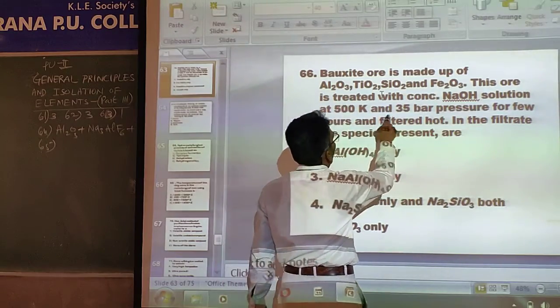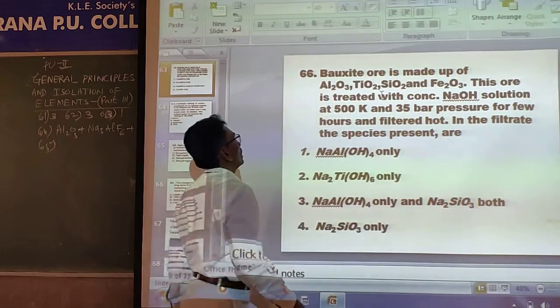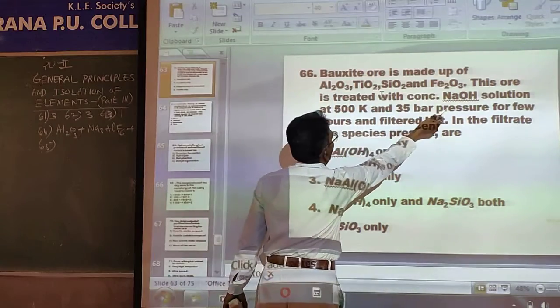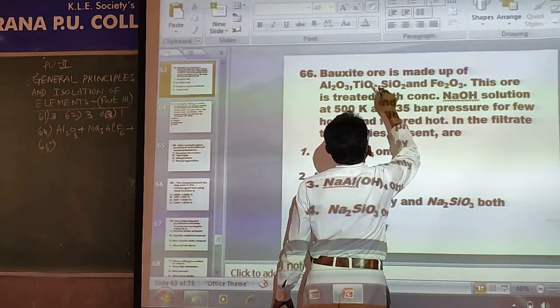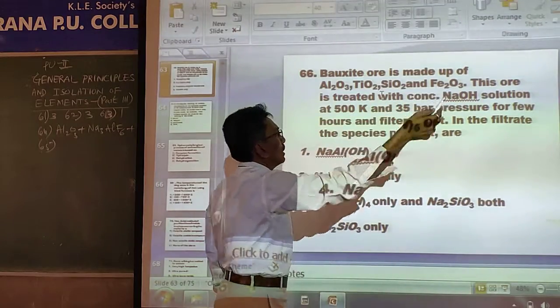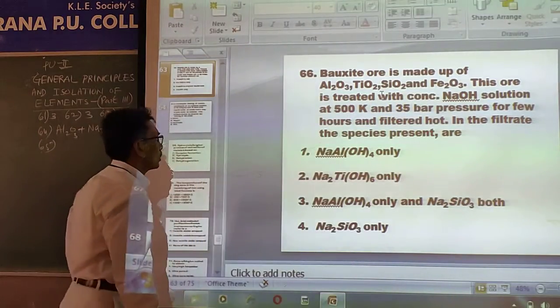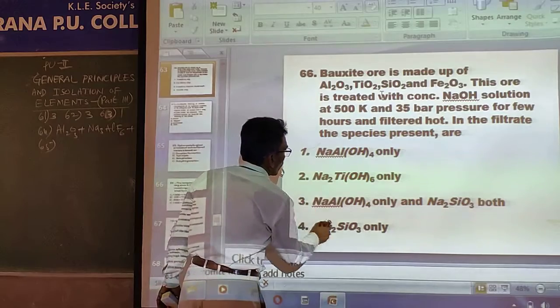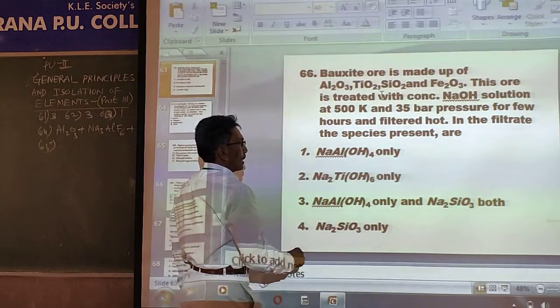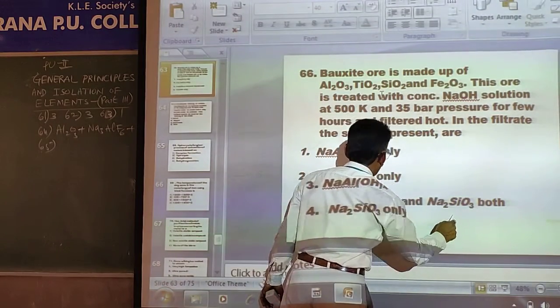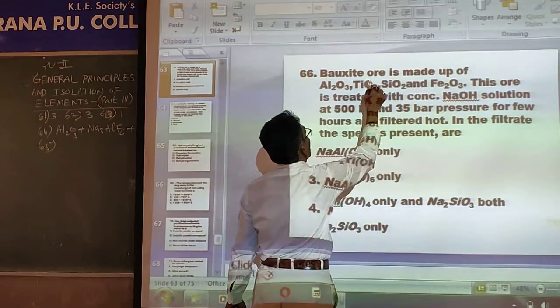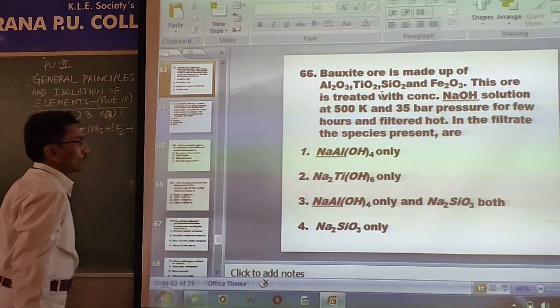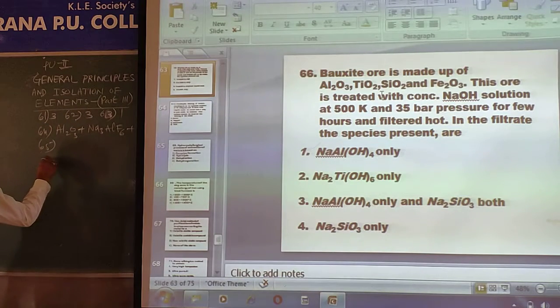Al2O3 and SiO2 are soluble in NaOH, while Fe2O3 and TiO2 are not soluble. They are separated by filtration, with Al going into solution as NaAl(OH)4 and Si as Na2SiO3, while the oxides remain insoluble. So for 66, the third option is correct.